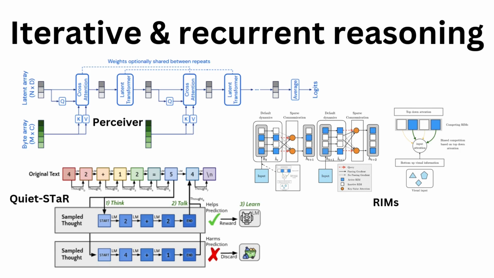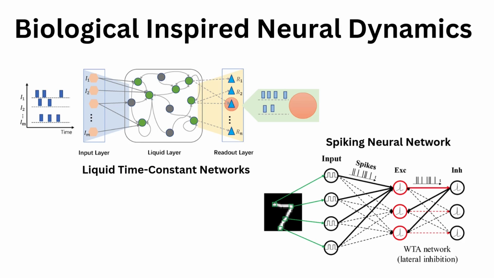The CTM novelty lies in generating internal neural dynamics from neuron history across a decoupled time dimension, and then utilizing the explicit temporal pattern of neural synchronization as the latent representation. The last family is the biologically inspired neural dynamic networks, like liquid time constant networks or spiking neural networks.